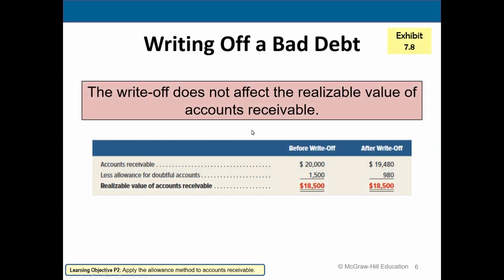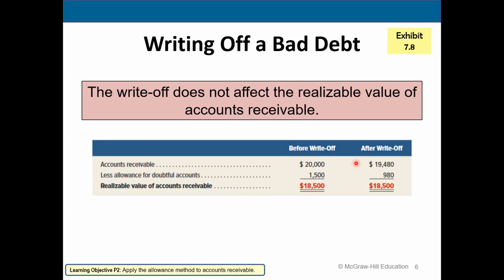Now, the interesting thing about this is that the writing off of a specific bad debt does not affect the net realizable value of accounts receivable. So on the balance sheet, before we wrote off anything, we had accounts receivable of $20,000 less the allowance for doubtful accounts of $1,500, which gave us a net accounts receivable balance of $18,500.